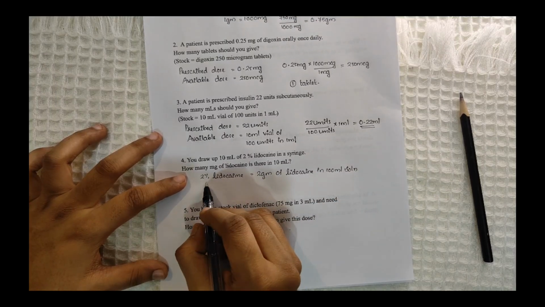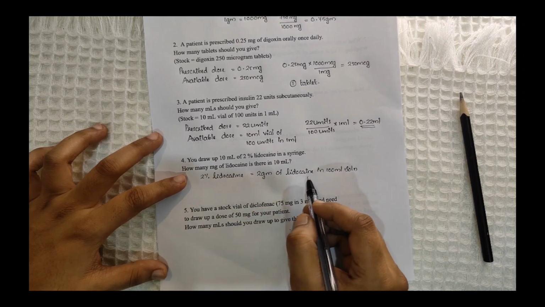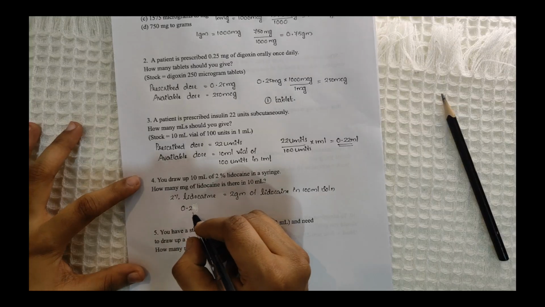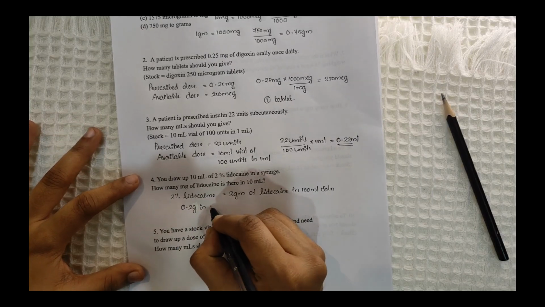So 2% solution of lidocaine means 2 gram of lidocaine in 100 ml solution. So 0.2 gram in 10 ml.